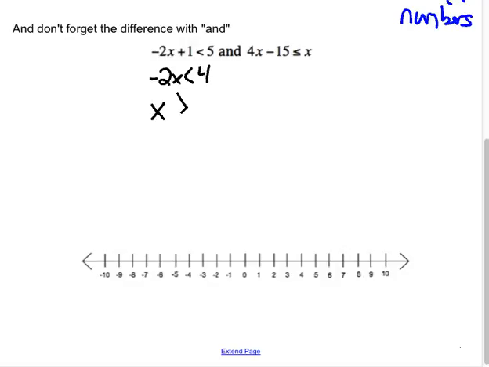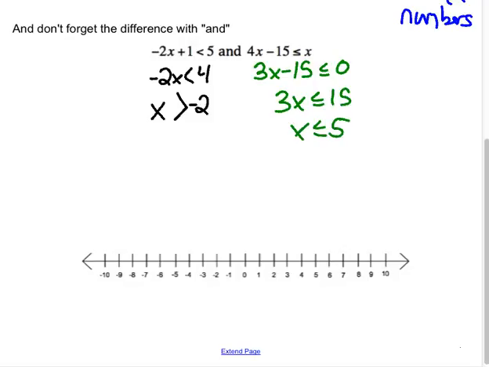Dividing by a negative will flip my sign. Over here, I want to collect my x on the left-hand side, so I subtract x from both sides, momentarily leaving me a 0, but then I can add over the 15 and divide by 3.